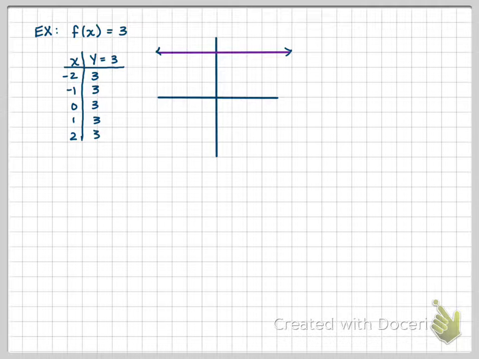And if you know that it's a horizontal line, you don't have to make this table by any means. I just wanted you to see that constant. So this is what we call a constant function, because the output is constant regardless of how we change the input.